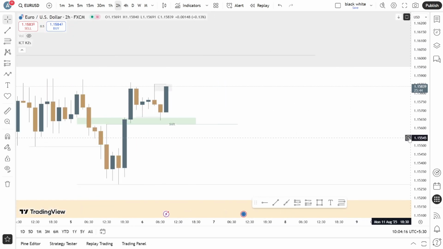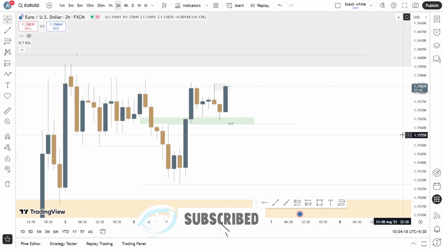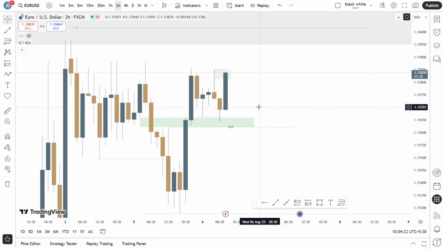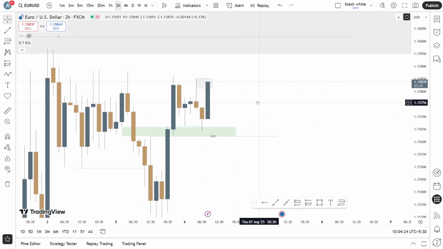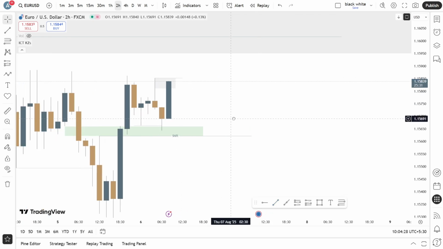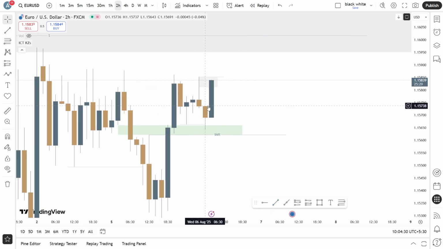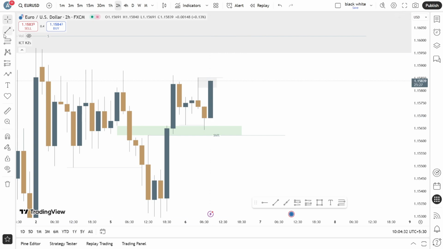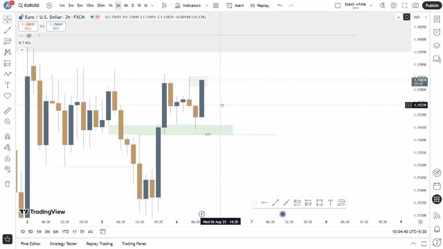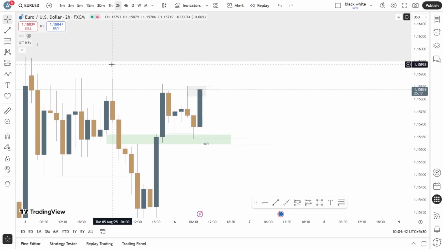As we move into the 2 hours, what we see is that this is the 4 hour chart's BPR. We took some kind of liquidity and the price is moving into the upside direction. So if we get a close above this level particularly, then most likely it will convert into the strong low, and I will be trading within this candle's range, and will place a buy trade till this level.